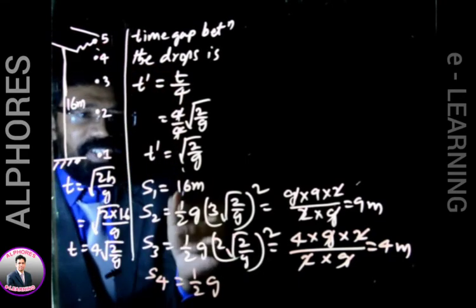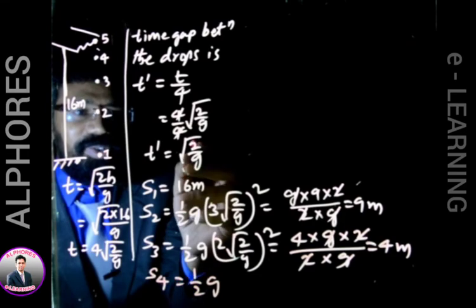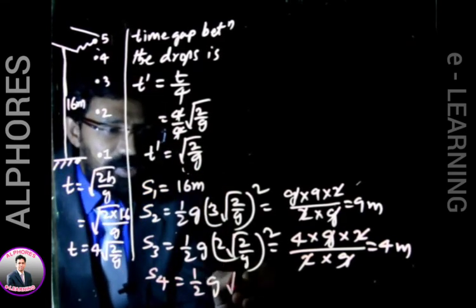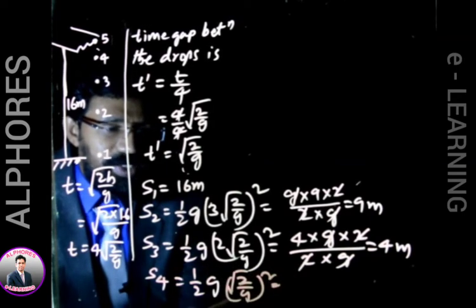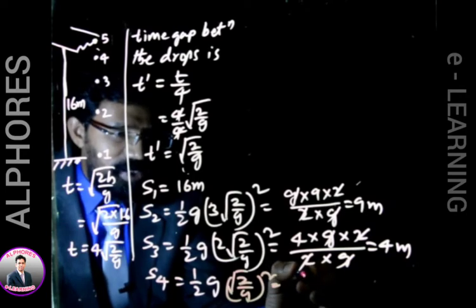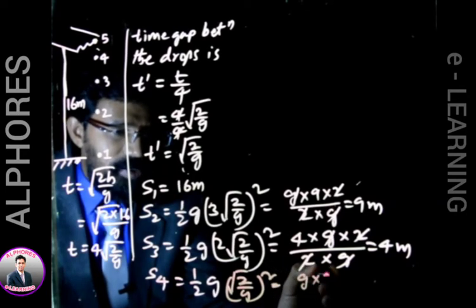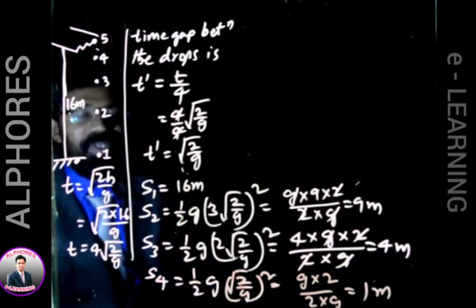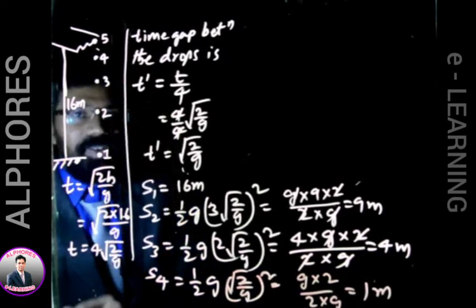It has taken a time equal to under root 2 by g, only one single time slot. So under root 2 by g, whole square. If you simplify this, g into 2 by 2 into g, and you will have 1 meter. So the height of fall of the fourth drop is 1 meter.